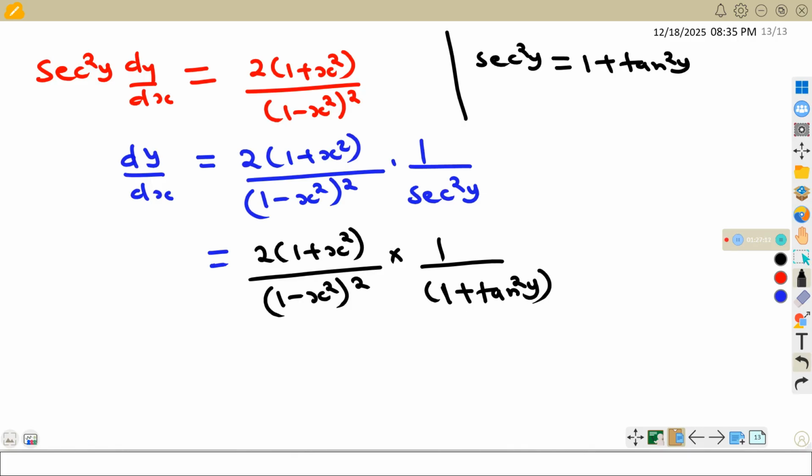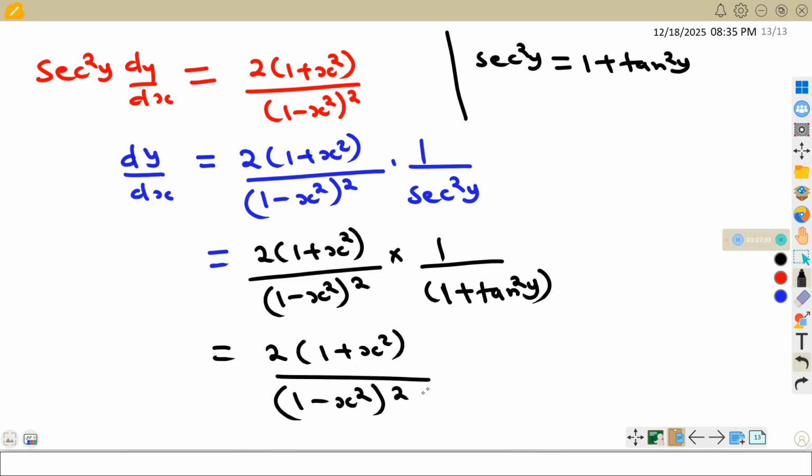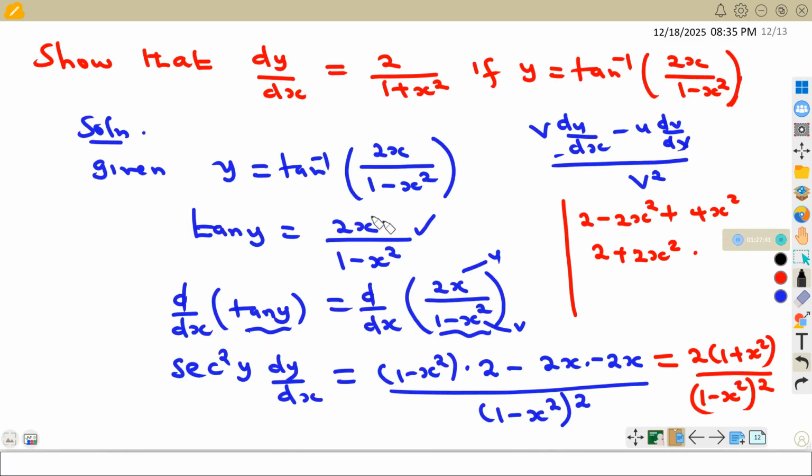So from here, we shall have this as 2 into 1 plus x squared over 1 minus x squared again squared, and then times 1 over 1 plus tan squared. I want us to get that one at once. 1 plus tan squared, we already have our tan as this.